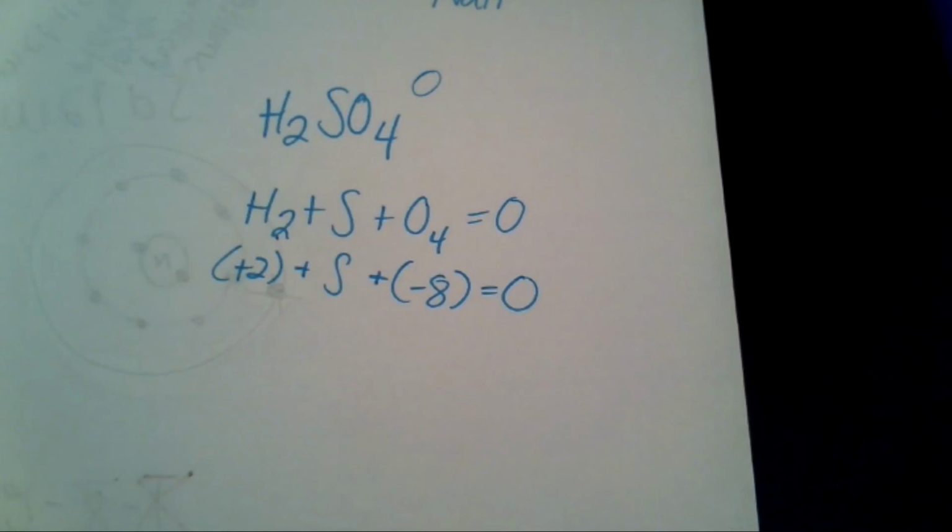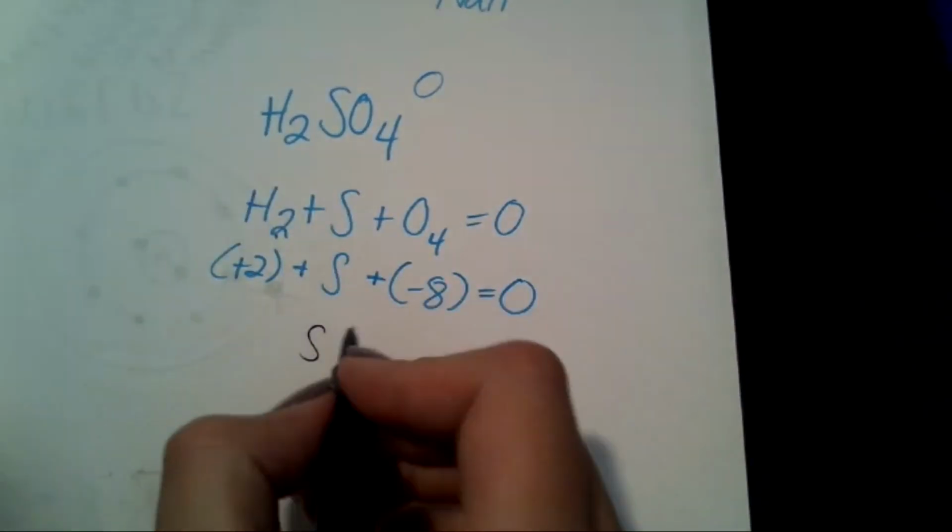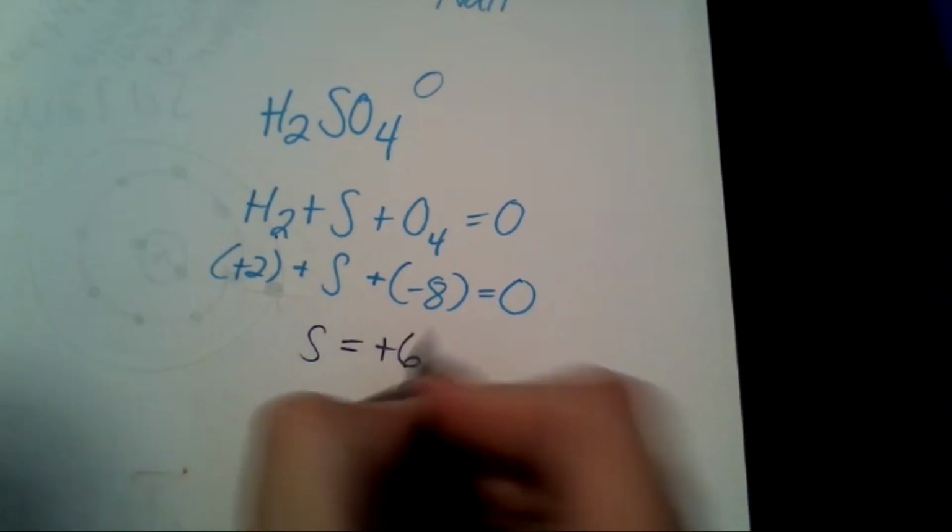It's going to give me +2. I need +2 and -8 and sulfur to come together and cancel out into a 0. So in order for that to happen, mathematically, the charge on sulfur in H2SO4 has to be +6.